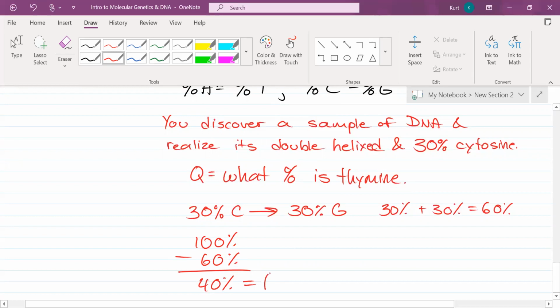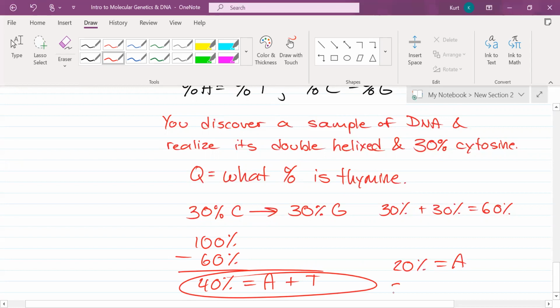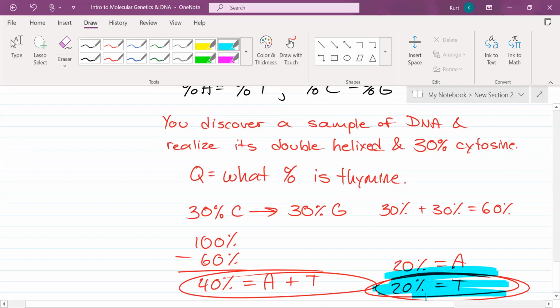That 40% is A and T. Can you divide 40 evenly? Sure you can. 40 divided by 2 is 20. So 20% is adenine, 20% is thymine. And there's your answer. What percent is thymine? 20%.